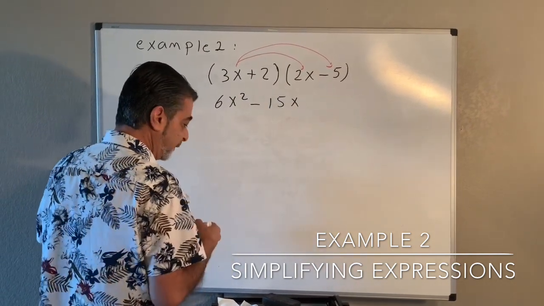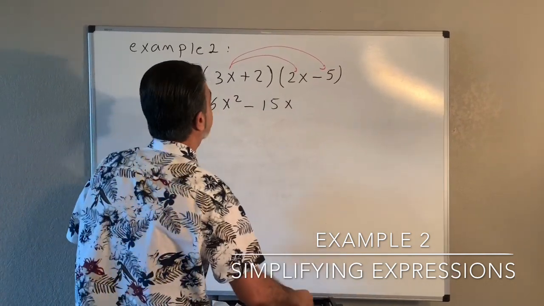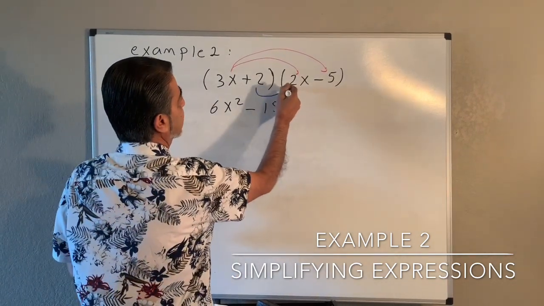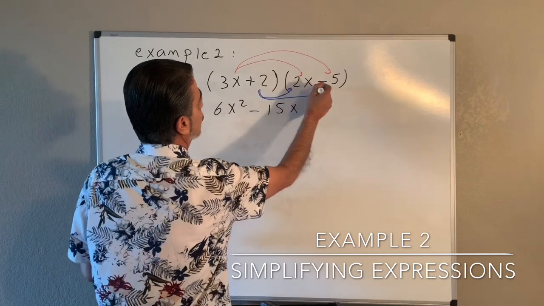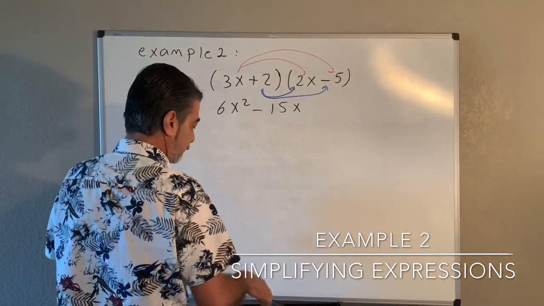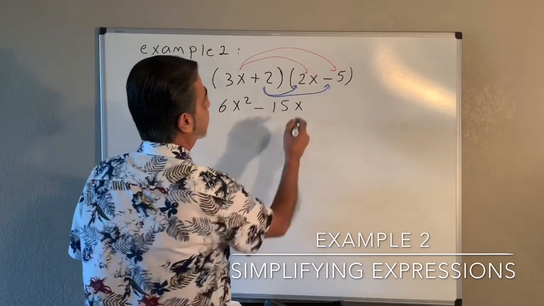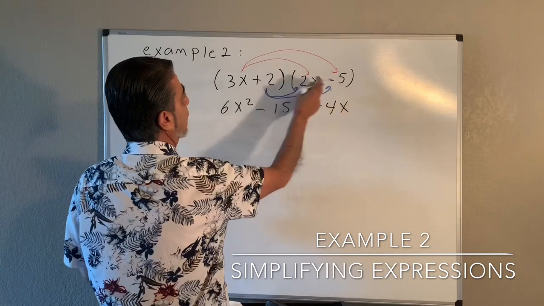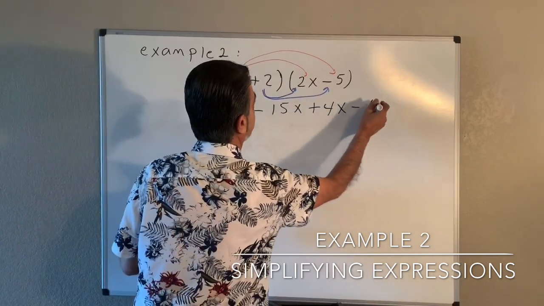Then the second step is you multiply the 2 by the 2x and the 2 by the negative 5. So the 2 times 2x, that's going to give us plus 4x. And 2 times negative 5, that's negative 10.